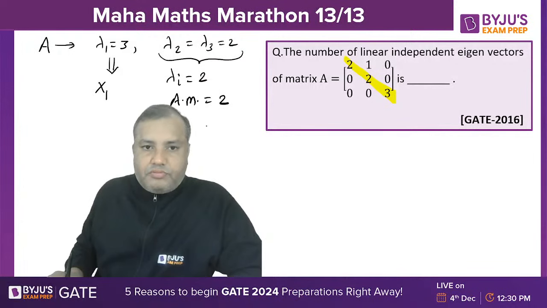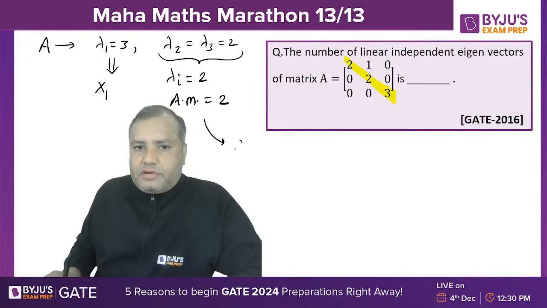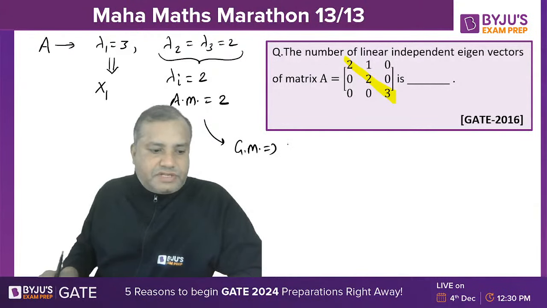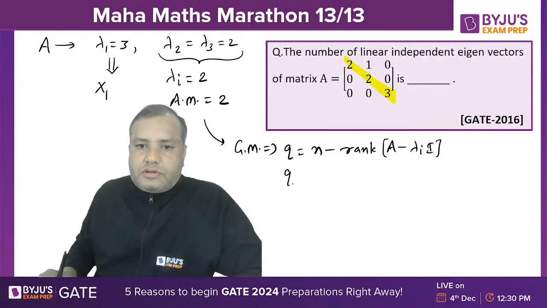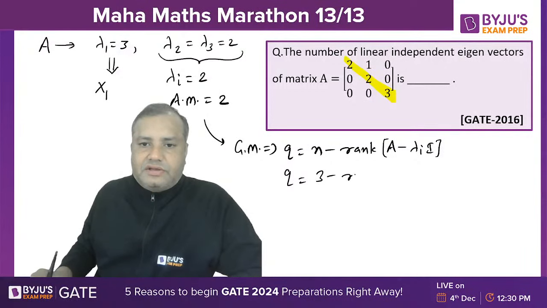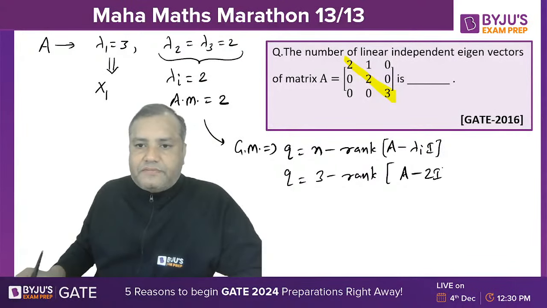Now moving ahead, we will calculate geometric multiplicity. Q equal to n minus rank of A minus lambda I. n is the order of this matrix, which is 3. Rank of A minus, what is lambda? The repeated eigenvalue 2, so A minus 2I.